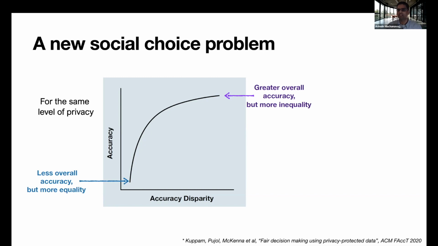You have to pick and choose what you want to preserve, right? And so for the same level of privacy, you may have two algorithms, one that has less overall accuracy but more equality in the way the noise is added to the data set, whereas you could have other cases where you have greater overall accuracy but more inequality in the noise.